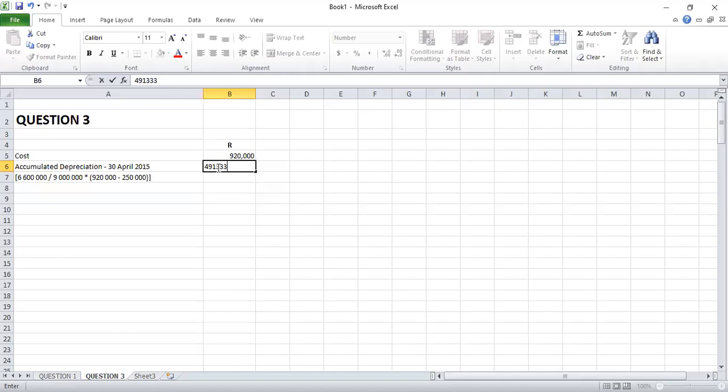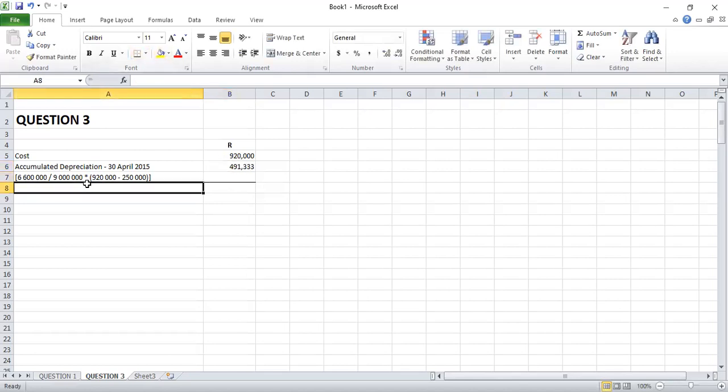Right. Then carrying amount on 30 April 2015.